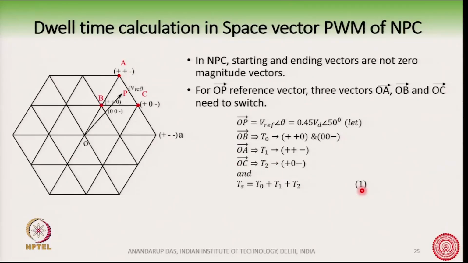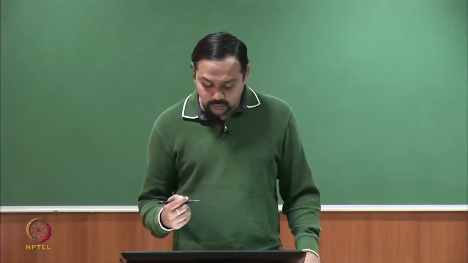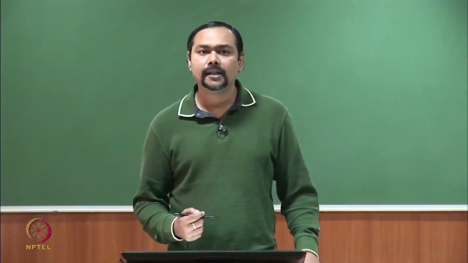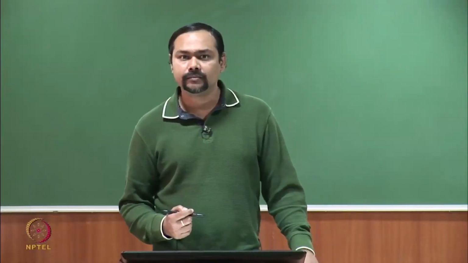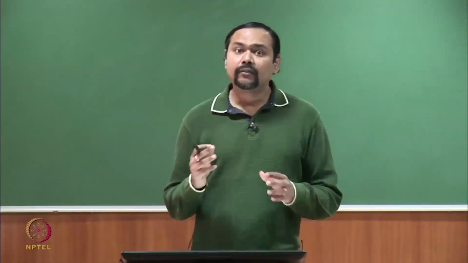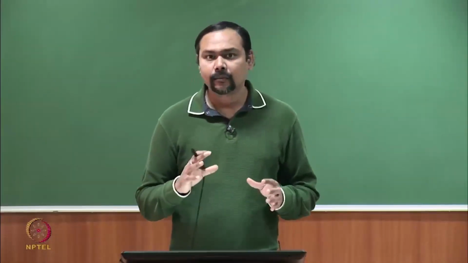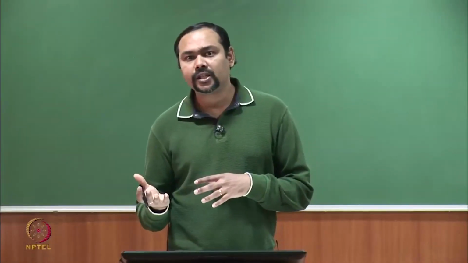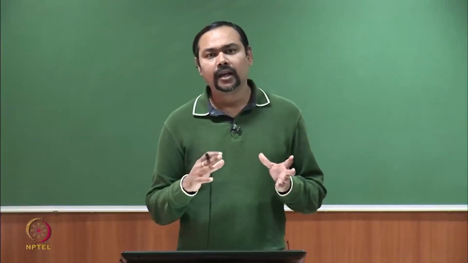Okay. The question that may come up is why the OB vector is the chosen vector for T0. Okay. You could have also switched it for other durations, like the OC vector can be chosen for T0 and the OA vector can be chosen for T2 time and something like that.